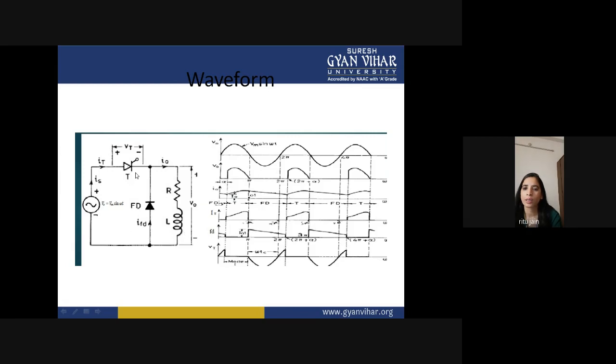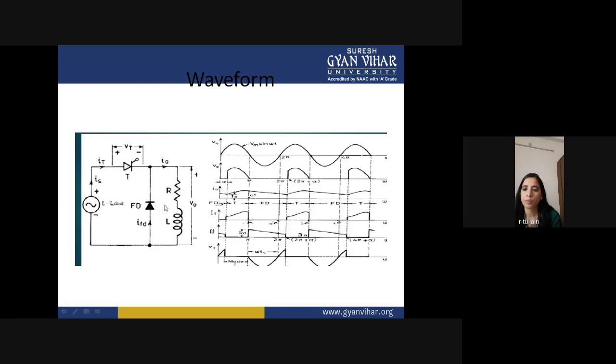Now, when the SCR gets turned off at this point, what is happening? The current will not change direction, and it will flow through this freewheeling diode because it is getting the path to flow the current.